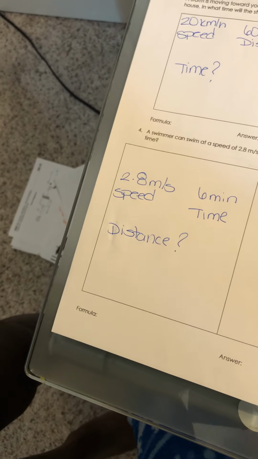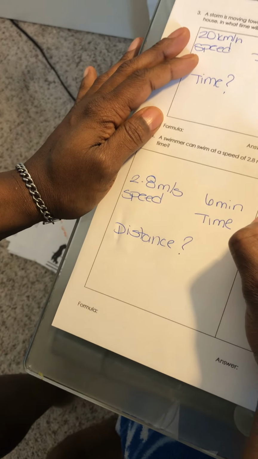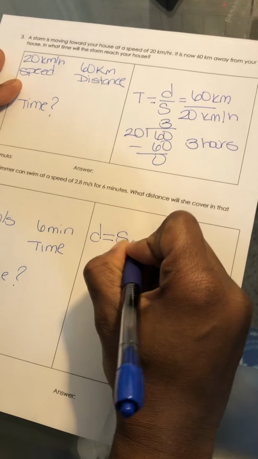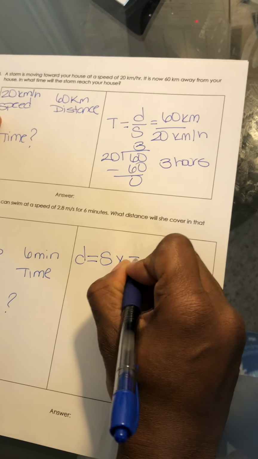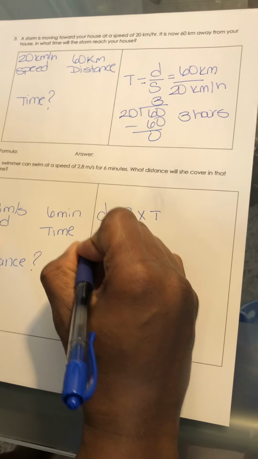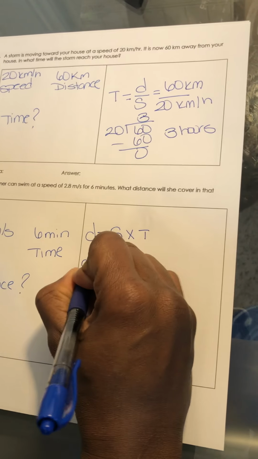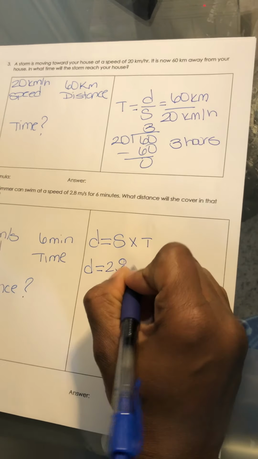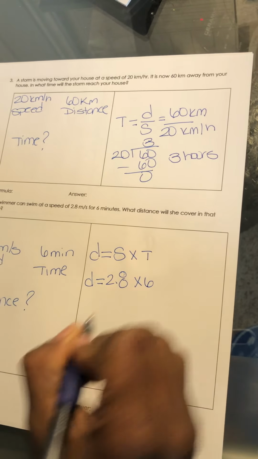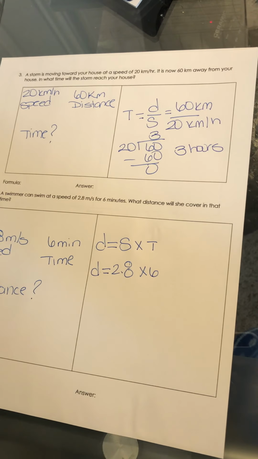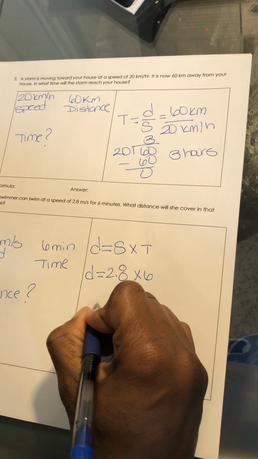Our formula for distance is going to be D equals speed multiplied by time. So let's plug our numbers in. D equals 2.8 times 6. And I like to set my math problems up a little differently so you can do it whatever way works best for you.